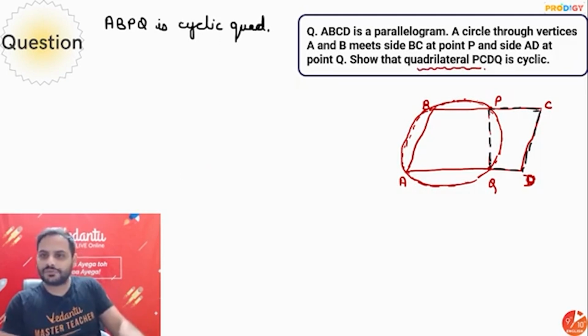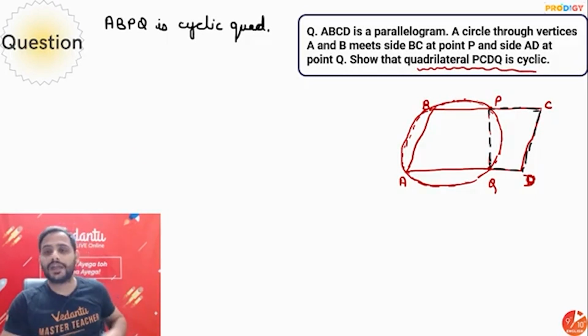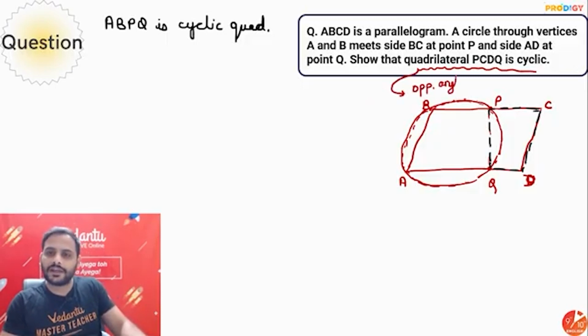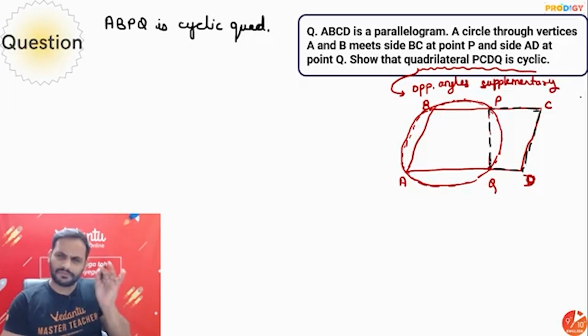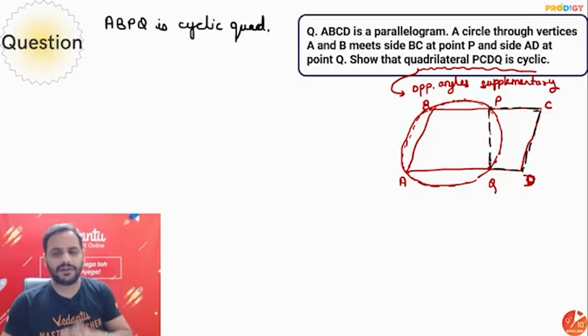Whenever you have to prove any quadrilateral to be a cyclic quadrilateral, always focus on proving that opposite angles are supplementary. That's what I'm going to do. That's why I'm talking about the angles.